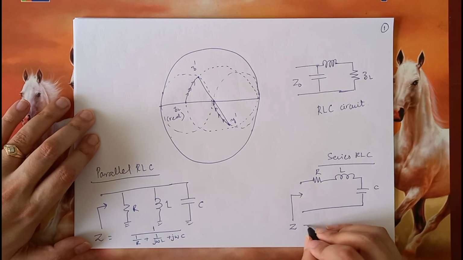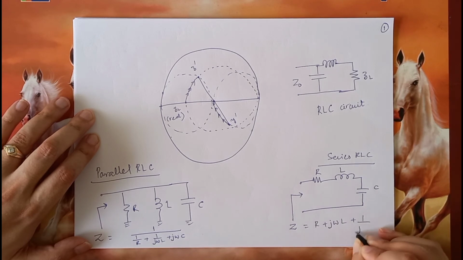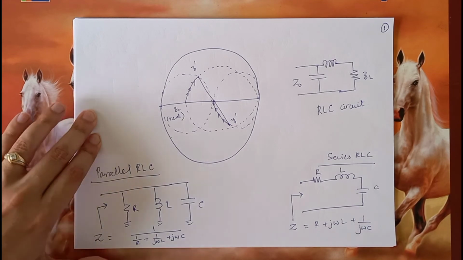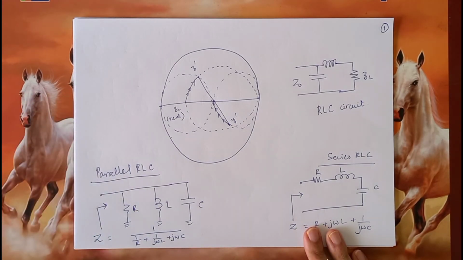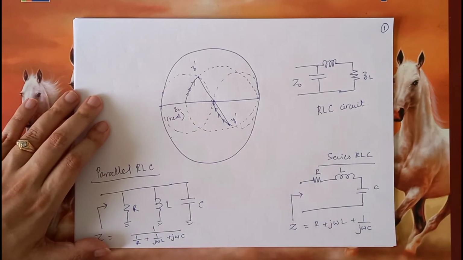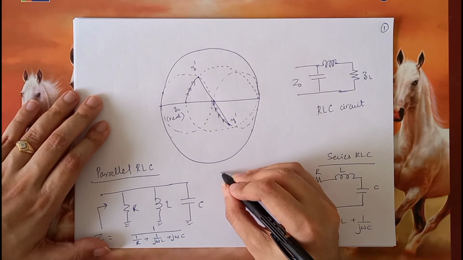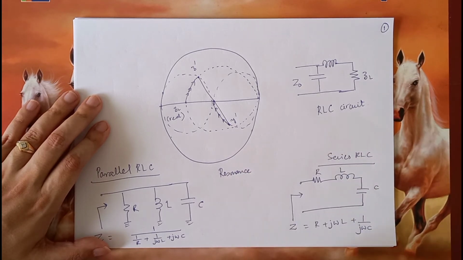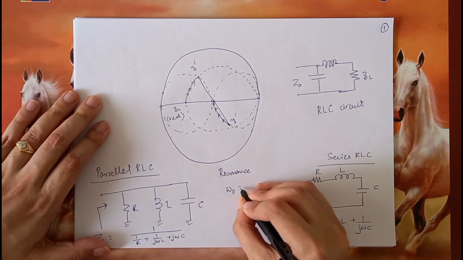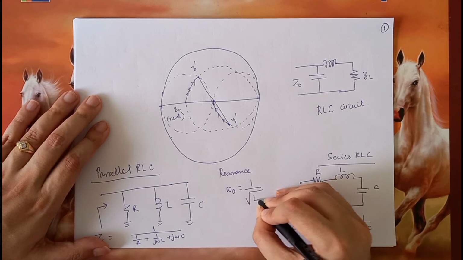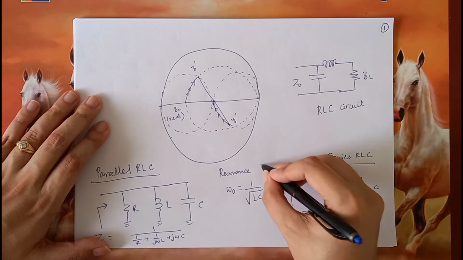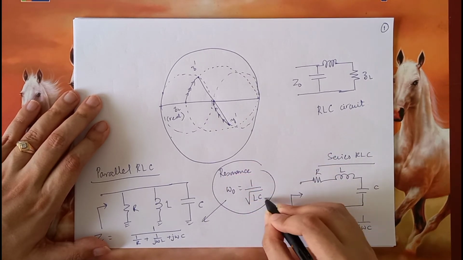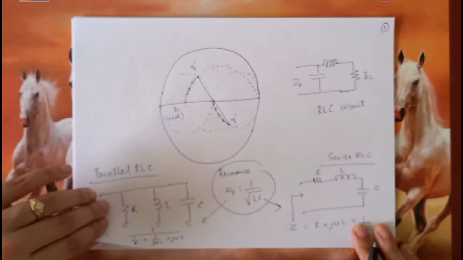In the series case, it is R plus j omega L plus 1 by j omega C. And whether it's a series or a parallel network, there exists the resonance phenomenon, which happens at the angular frequency omega 0, which is 1 by under root of LC. This is the case for both series as well as parallel networks.